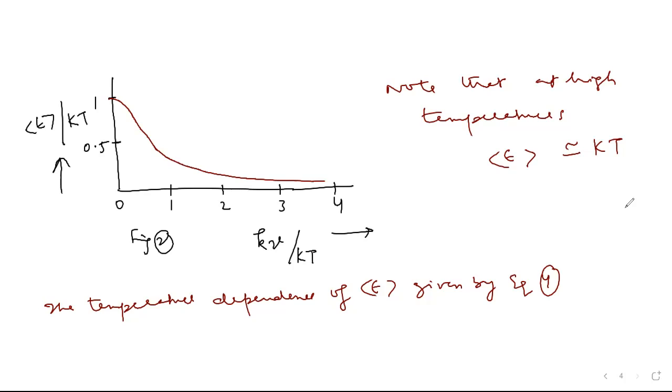However, at low temperatures, means you are going to the right in this graph. At low temperatures, average energy decreases exponentially to 0.